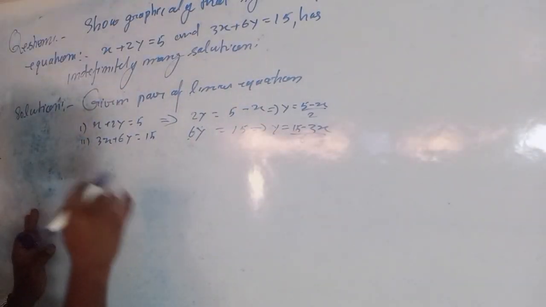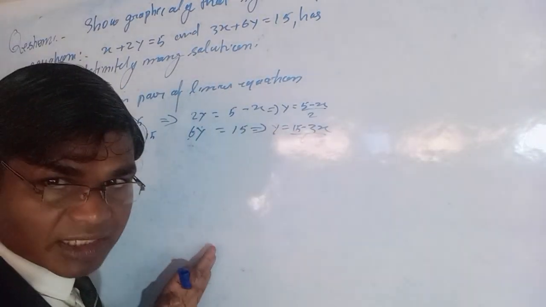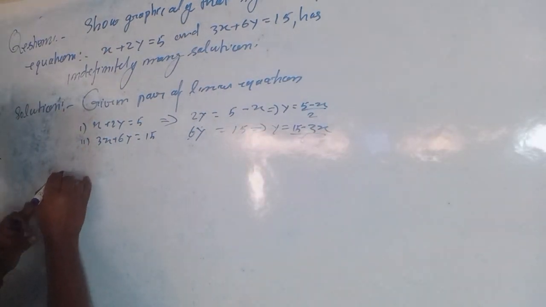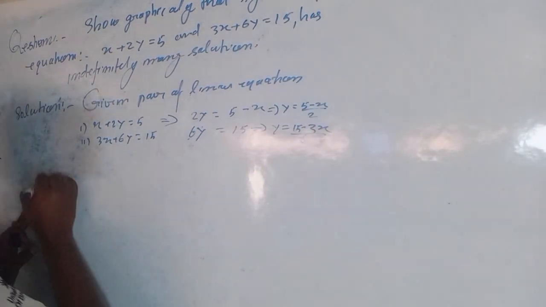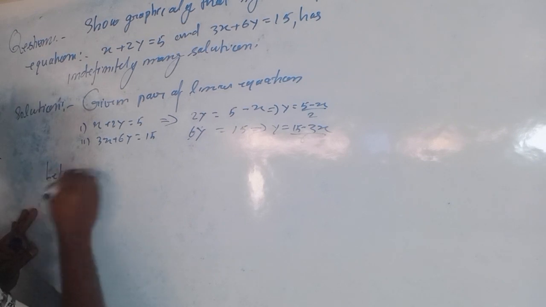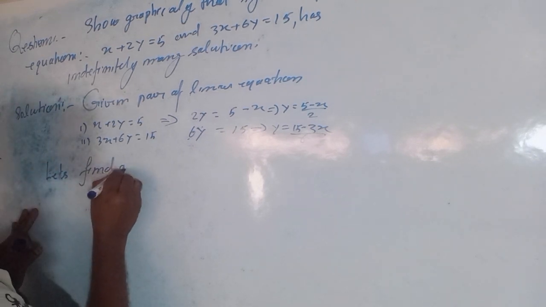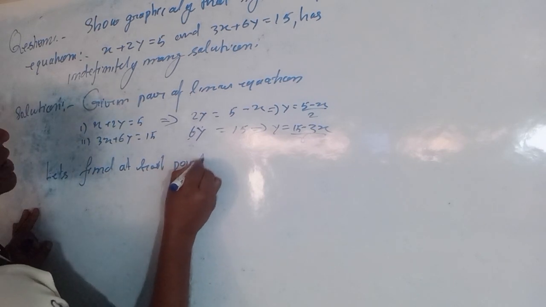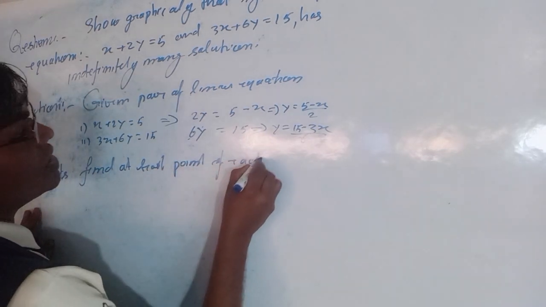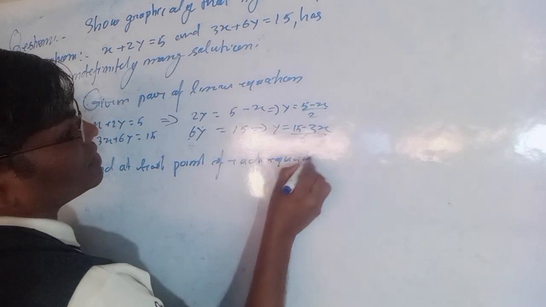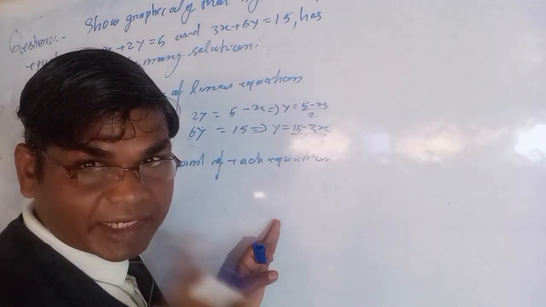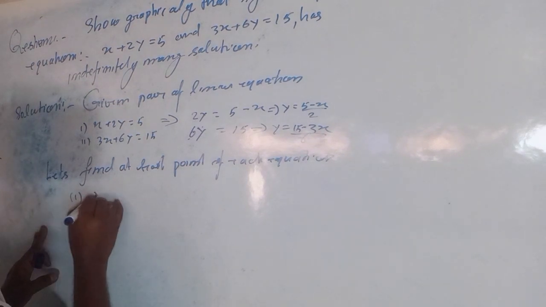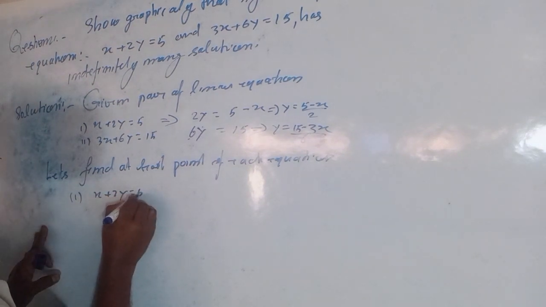Now, by transposing, what will we do in the next step? In the next step we will take the first equation and find its points. Let's find at least 2 points of each equation. The first equation is x plus 2y is equal to 5.